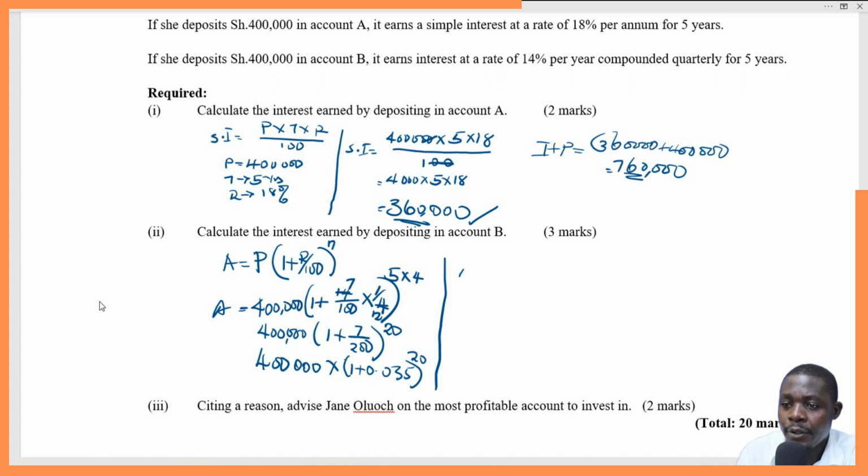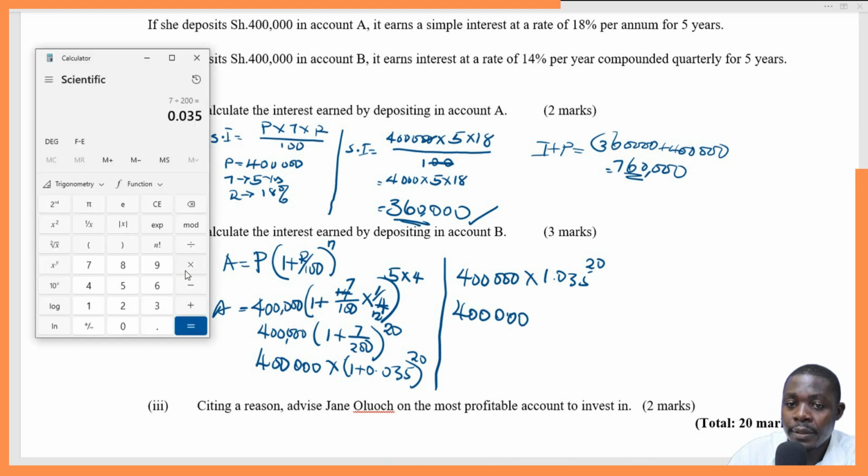In that case, we are going to have 400,000 multiplied by 1.035 raised to power 20. What do you get? 1.035 raised to power 20. You can try to calculate. Try to factor it in our calculator.